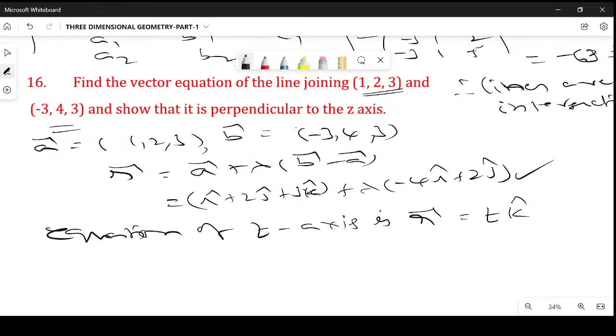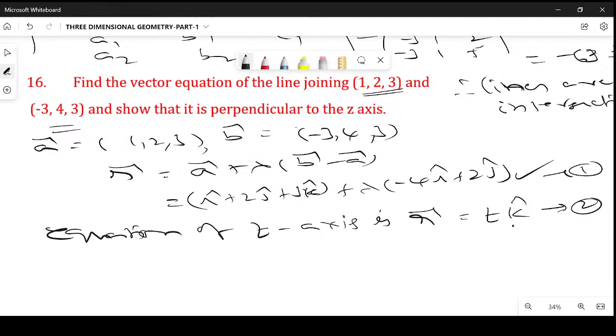This is line 1 and this is line 2. We'll verify the perpendicularity condition by applying the dot product between these two. If it is 0, we can say the given line is perpendicular to the z-axis.